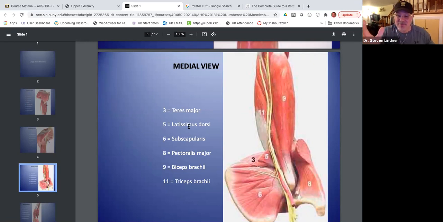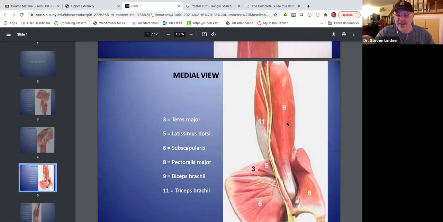It's a major lower back muscle. It goes from the sacrum, the pelvis, the 5 lumbar vertebrae and the lower 6 thoracic vertebrae. That is a wide, large muscle, but it happens to follow and insert at the exact same place as teres major, which happens to be on that bicipital groove. So number 9 is the biceps brachii, and then here's the triceps brachii.